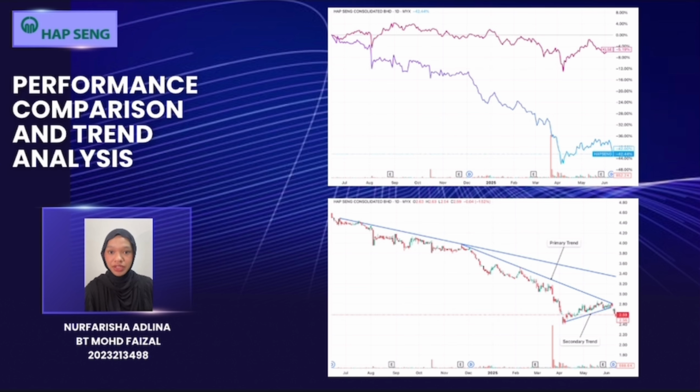The stock experienced a significant price decline during this period. The weak performance is likely due to challenges and issues that are affecting the company's operation. One of the relevant news updates on Hapseng Consolidated Berhad is on 27 August 2024.